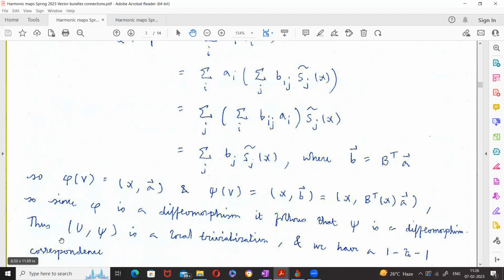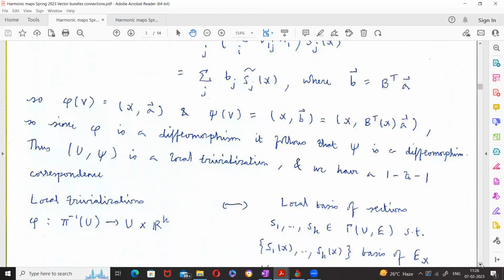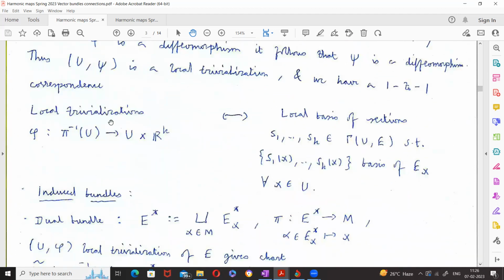Okay. So we've got a new local trivialization (U, psi), and therefore we have a one-to-one correspondence between local trivializations phi and local bases of sections S1 to Sk, such that at each point S1(x) up to Sk(x) is a basis of E_x. Okay.